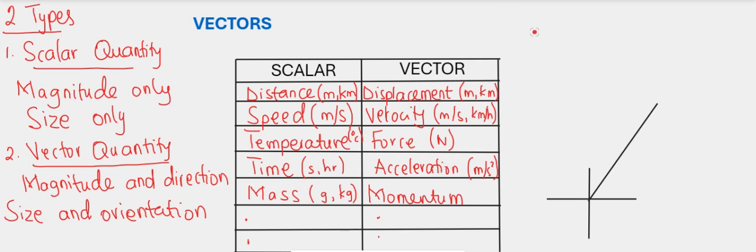Now I want us to look at an example of a vector quantity. We have displacement of 10 kilometers in a direction 030 degrees.